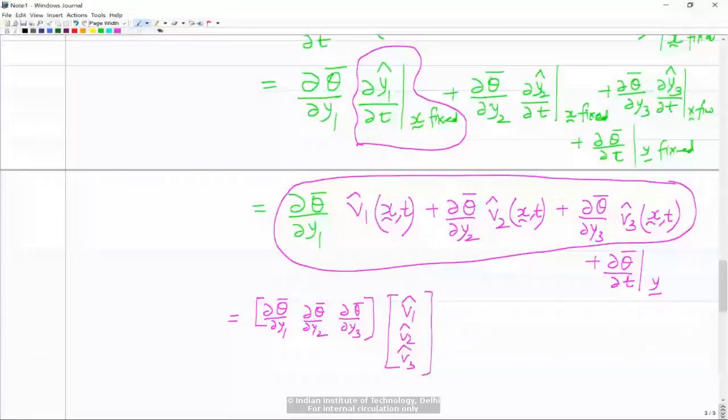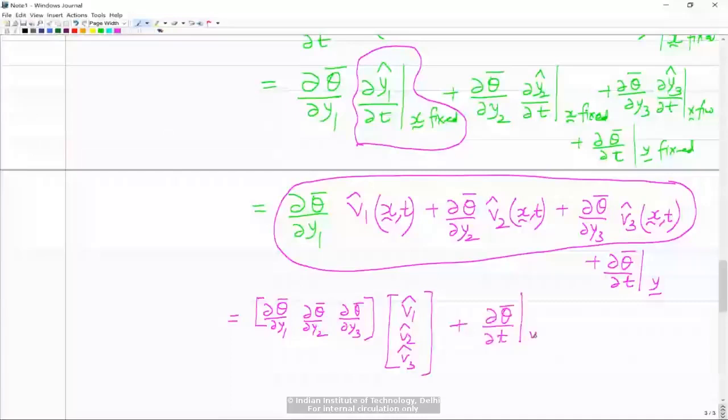Can we do that? You see, it's a 1 by 3 matrix multiplied with 3 by 1 matrix. It will give you 1 by 1. And the last term is simply del theta bar by del t, keeping y fixed.